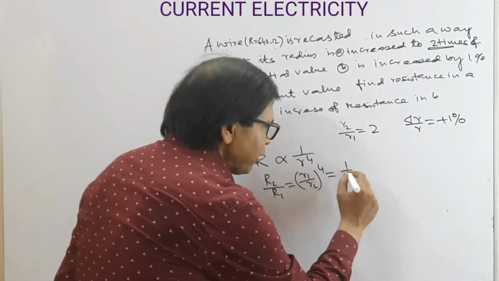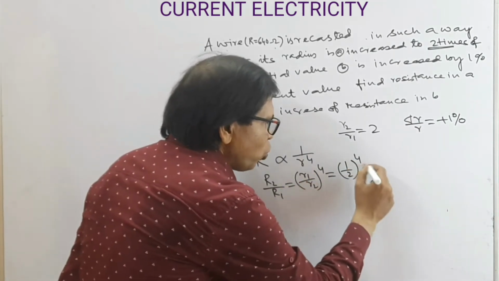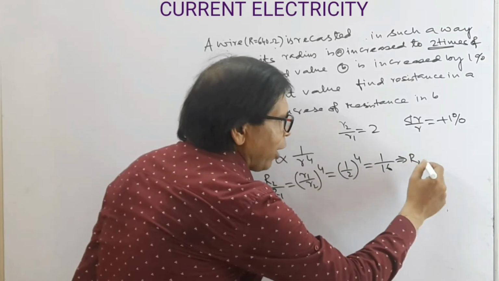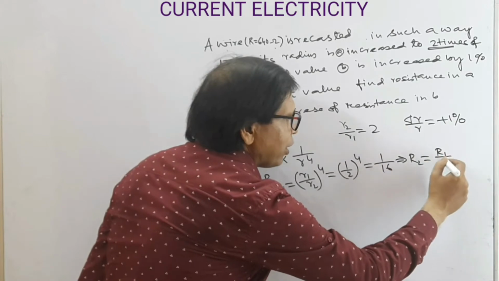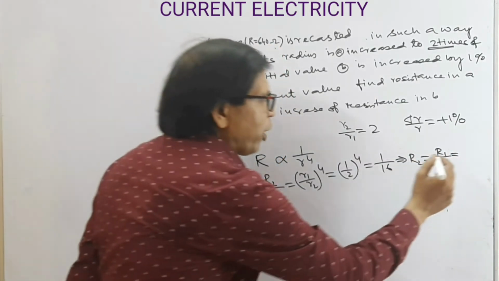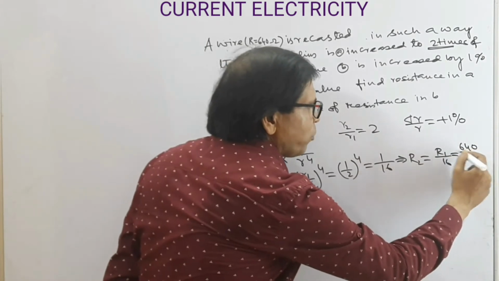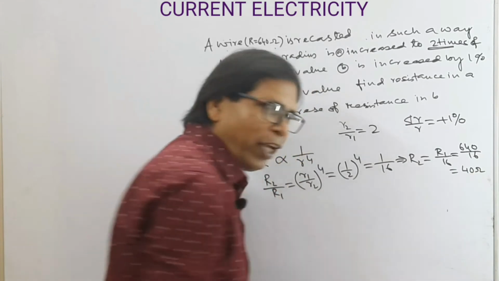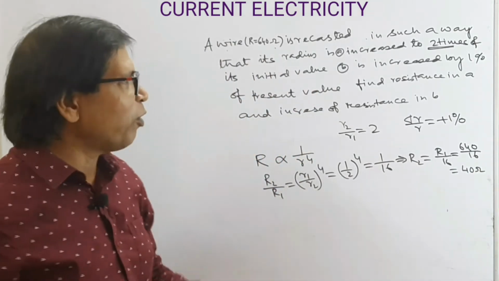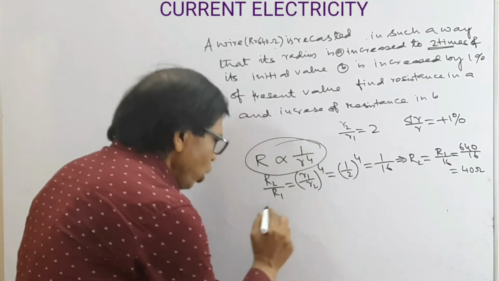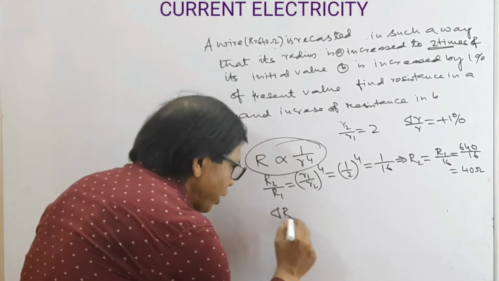Now this is half to the power 4, so this is 1 by 16. Now R2 equals R1 by 16. Now R1 equals 640, so this is 640 by 16, so this is 40 ohm. Okay, no problem.